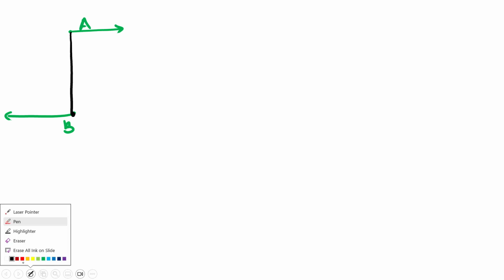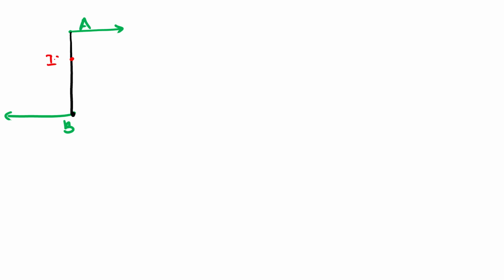So the next step: I will say that the center is here. This is the instantaneous center. And then I can draw a line from here to there, passing through this instantaneous center.